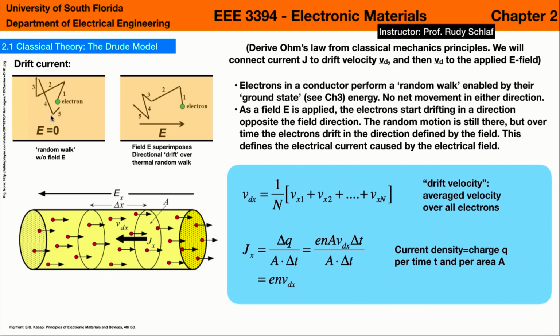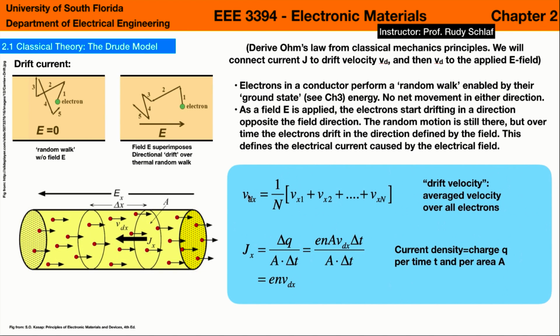Nonetheless, as long as there's no electrical field applied, the electrons on average do not move in any specific direction, and we need to apply an electrical field if we want to cause a measurable drift of the electrons through the crystal. Because the electrons are negatively charged, they move against the direction of the electrical field, and this motion caused by the electrical field gives rise to the electrical current that we can measure.